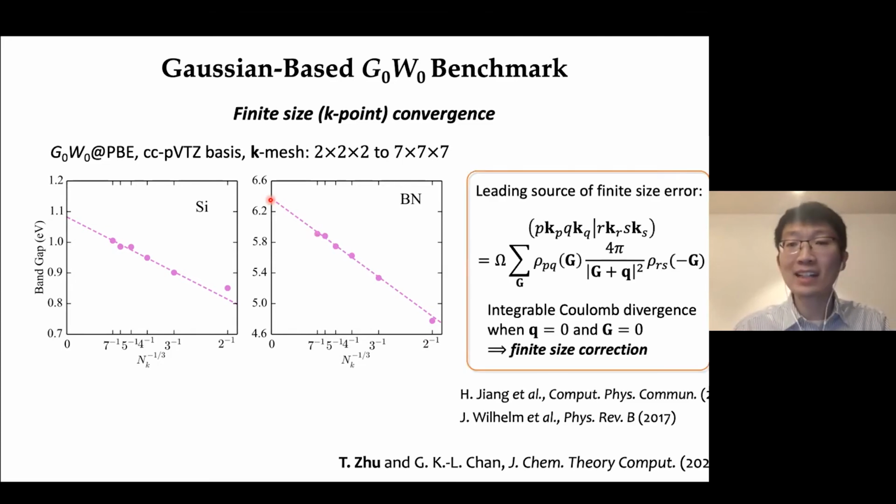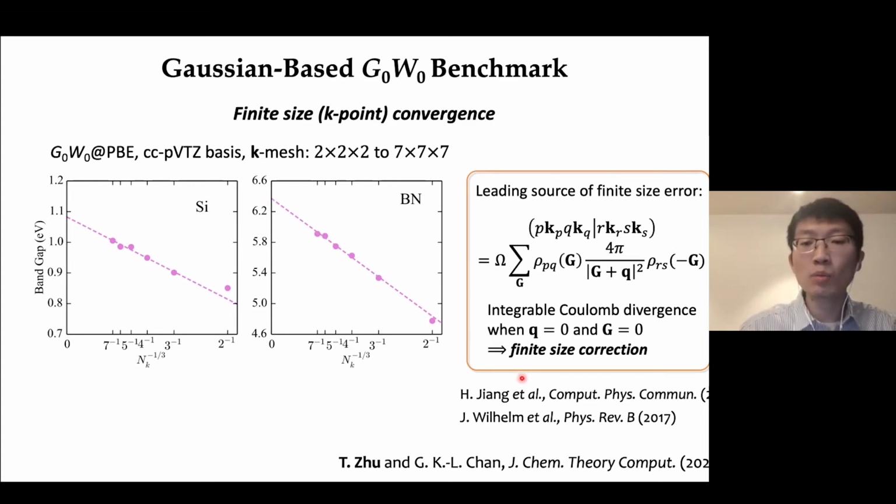And the reason for that is that there is this leading source of finite size error in computing electron repulsion integrals, where there is really an integrable Coulomb divergence one needs to treat specially.